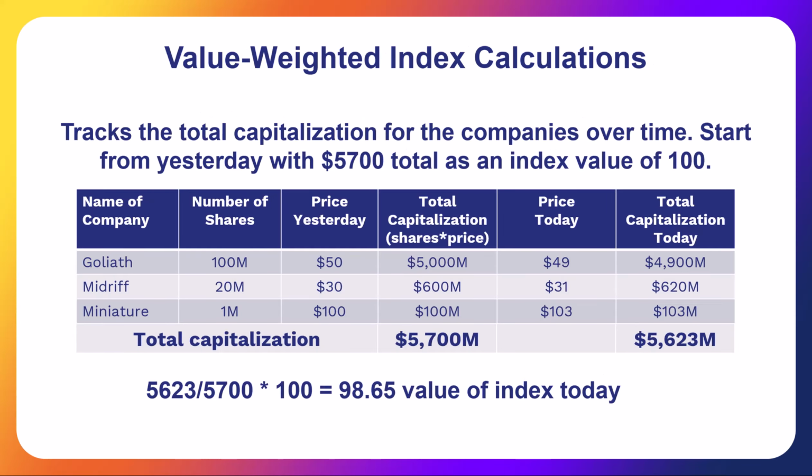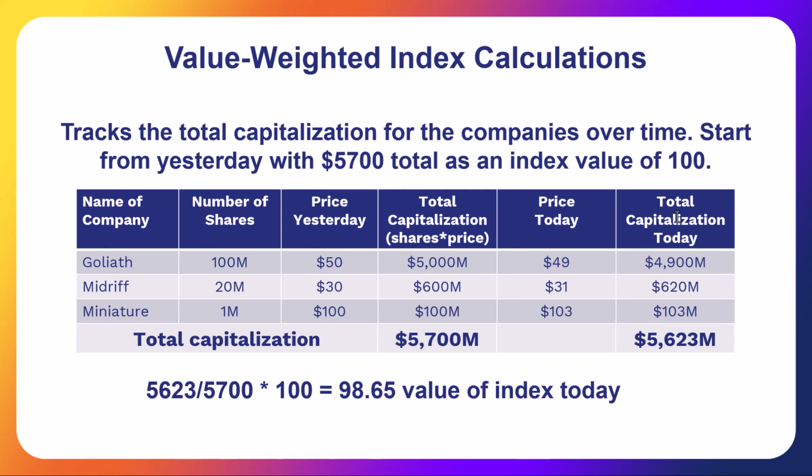Now, a value-weighted index is slightly different. This tracks the total capitalization of the companies. So again, we start with our same companies and same prices. Now, what is the capitalization each day? We knew that. The total capitalization on the first day here is $5,700. But now the next day, prices changed.